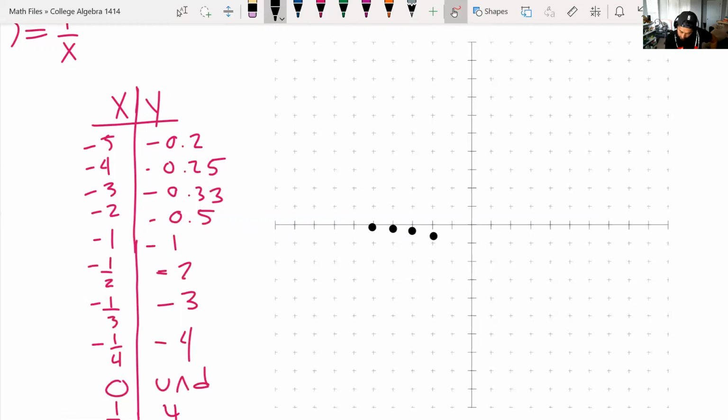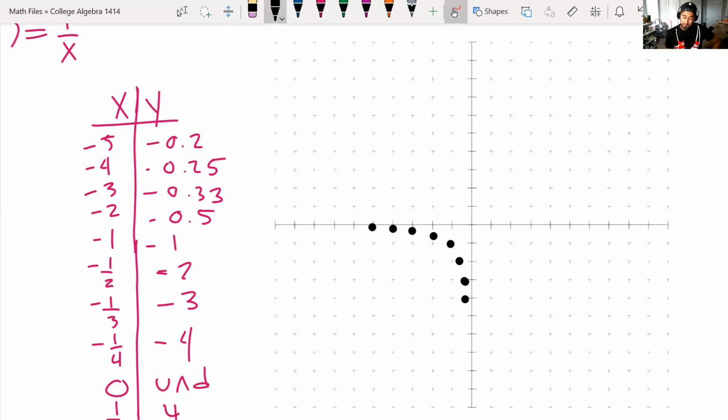And then -1, -1. Hey, look at that. Finally a point. And then at -1/2, we're at -2. At 1/3, we're at 3, at 1/4, we're at 4.